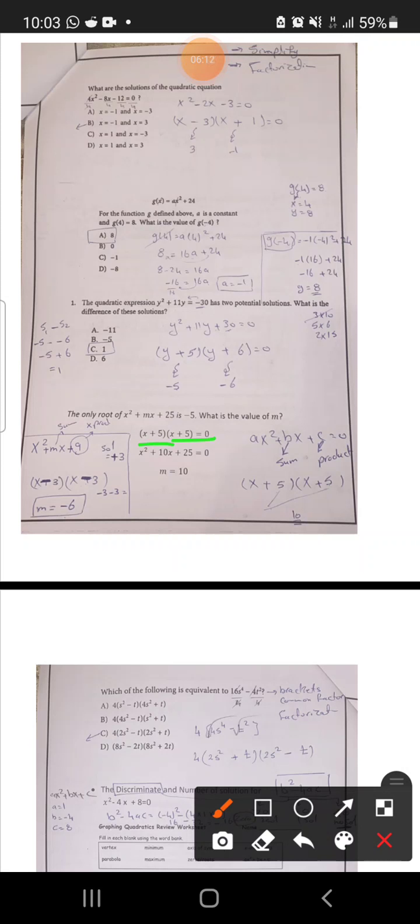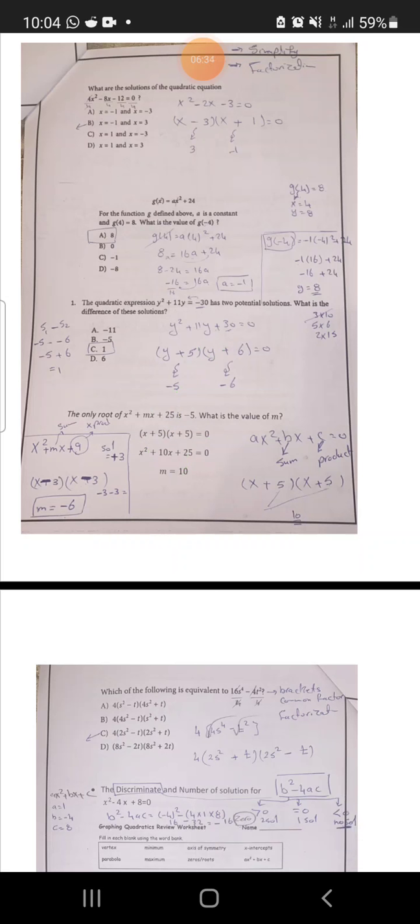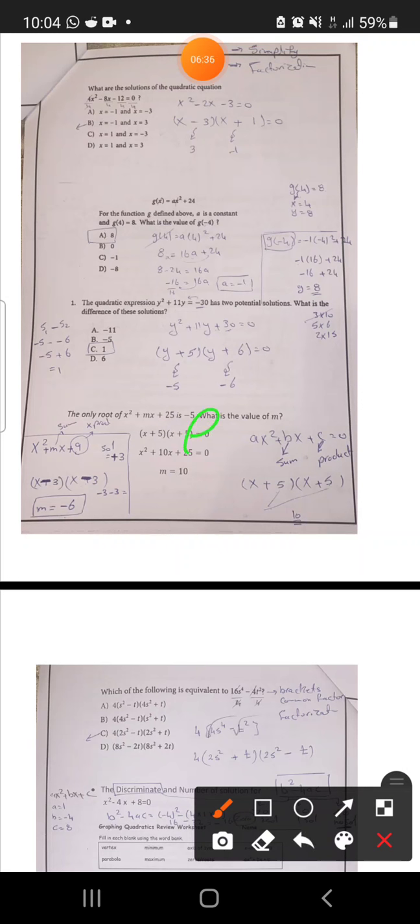Why did you choose positive here? Because the sign here is positive, so the signs of the brackets are the same. If here is positive, the other will be positive. So you have the two solutions, 5 plus 5 equals 10.